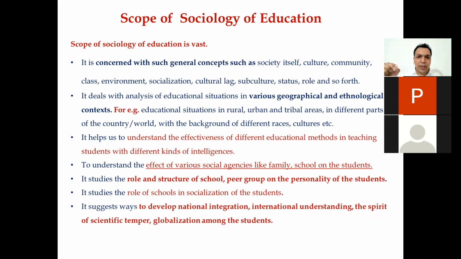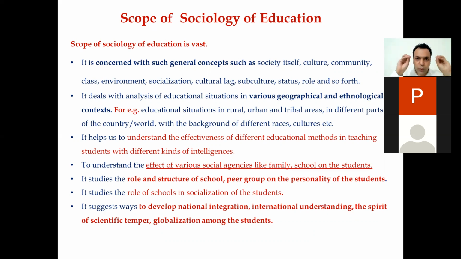It is concerned with general concepts such as society. Means the scope of sociology of education includes society, culture, community, class, environment, socialization, cultural lag, subculture, status, role, and so on.